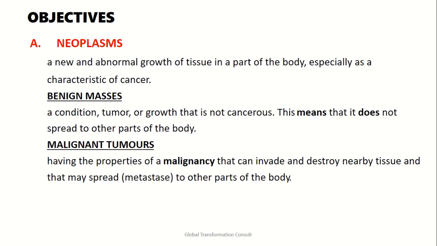You need to know which ones are benign and which ones are malignant. Those that are benign don't spread to other parts of the body, and the malignant ones spread and can invade other parts of the body.